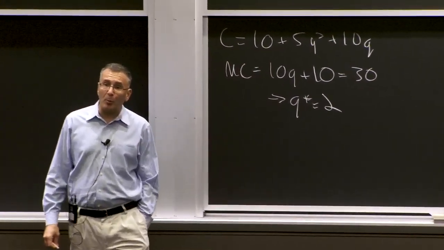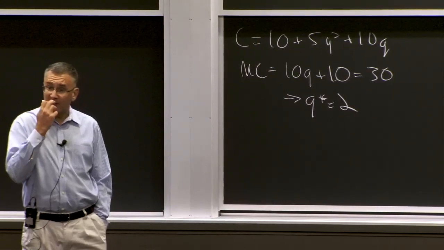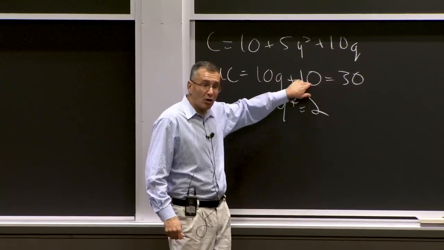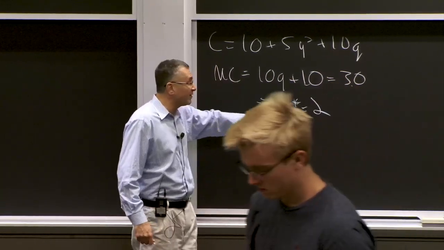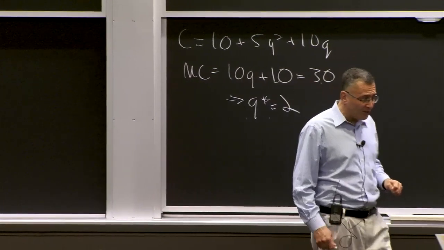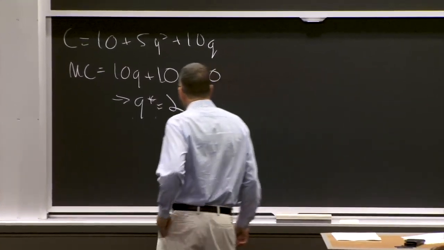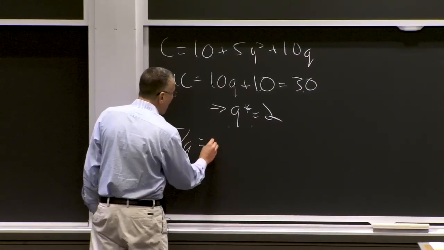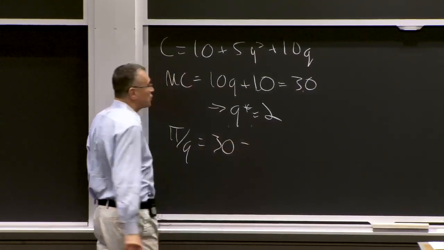So now your optimal production level is 2. You set your new marginal cost equal to the price, at a new optimal quantity of 2. What's the profits there? Once again, profits per unit are just price, which is 30, minus average cost.